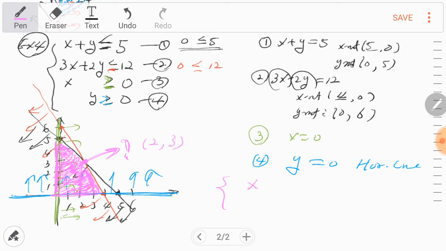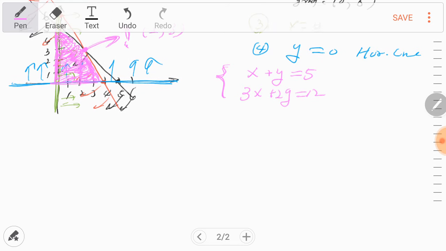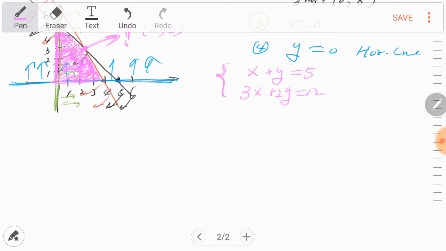So make it an equation: x plus y is 5, and the second inequality, make it an equation, and then solve this system of two equations. Then that will be the intersection of these two lines. We can use elimination.